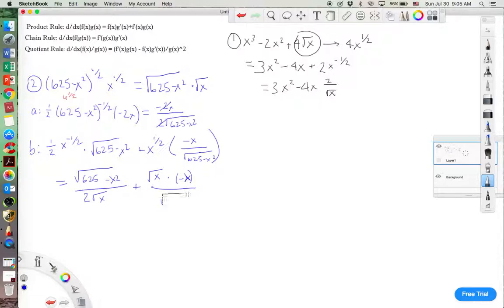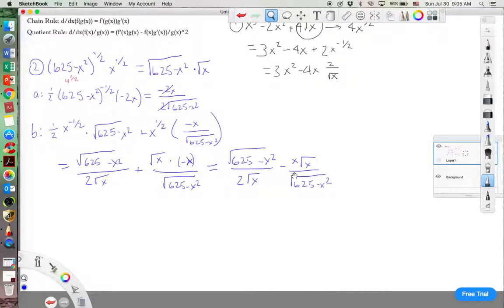And on the bottom we have the square root of 625 minus x squared. Completing, we get square root of 625 minus x squared over 2 root x minus x root x over square root of 625 minus x squared. All right, so let's get ourselves a little bit more room here.